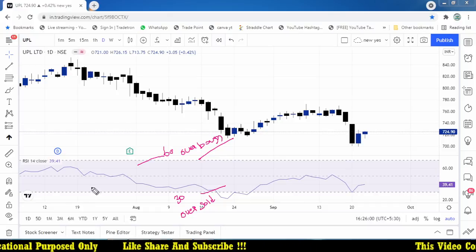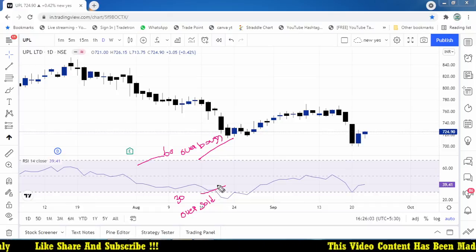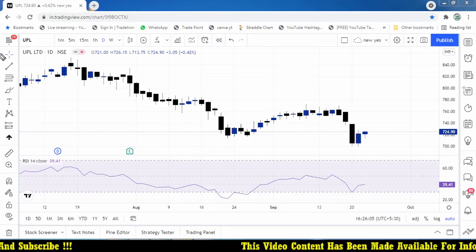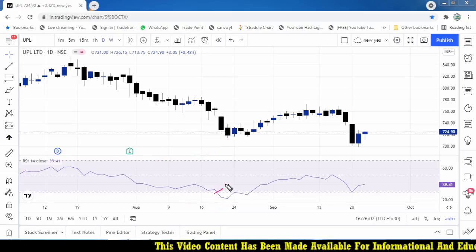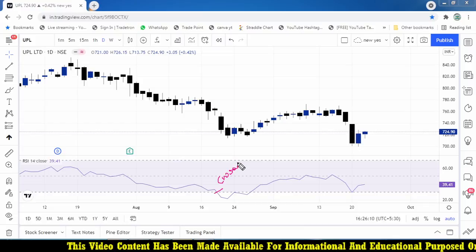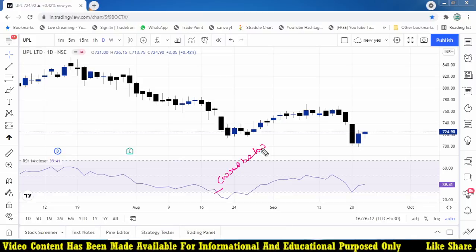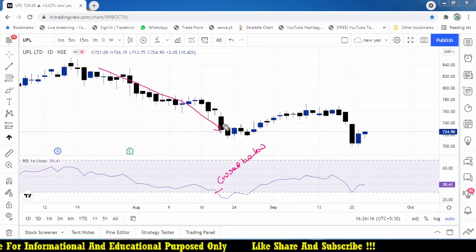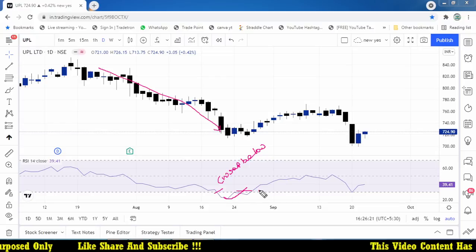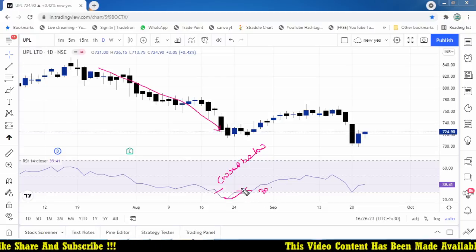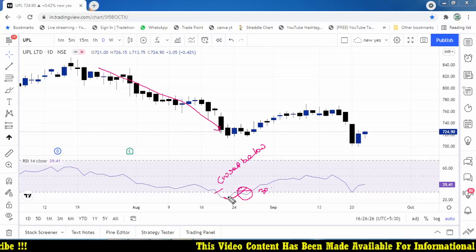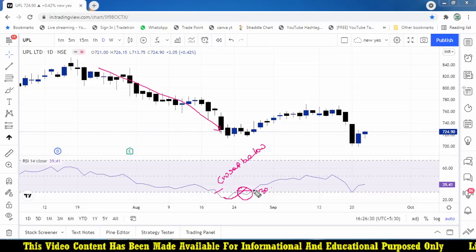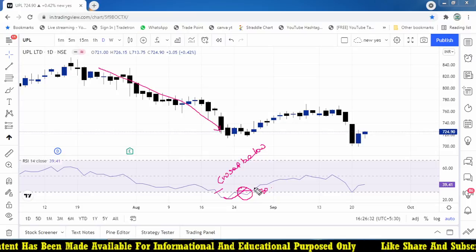You check that the RSI crosses below 30 and the market is coming down, a clear downtrend. When the RSI again crosses above 30, I'm going to buy at this point. This is the code which I'm going to create on my charting scanner.